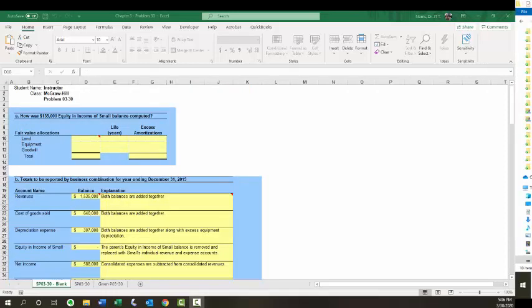Okay, next up we're going to do problem number 30, which begins on page 141 and continues on to page 142. In this one, Giant acquired all of Small Company's stock on January 1, 2014 in exchange for cash of $770,000.